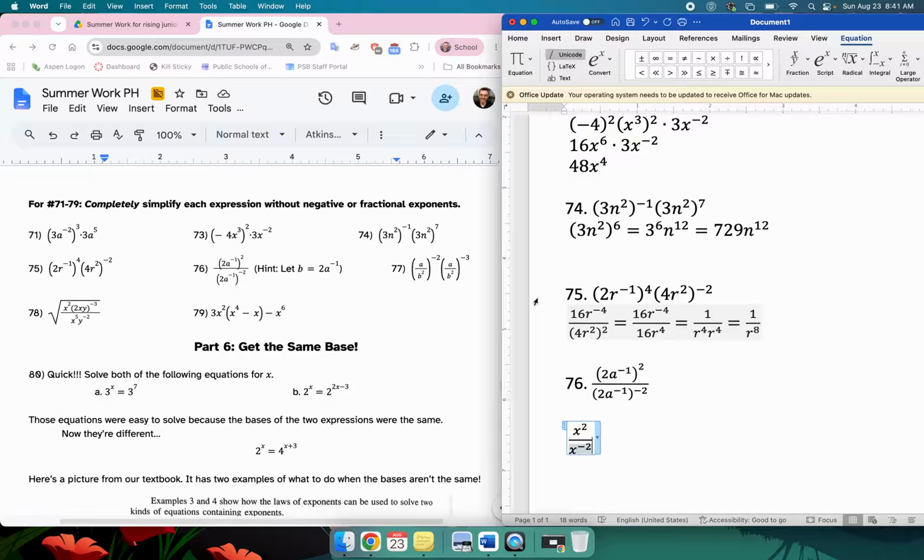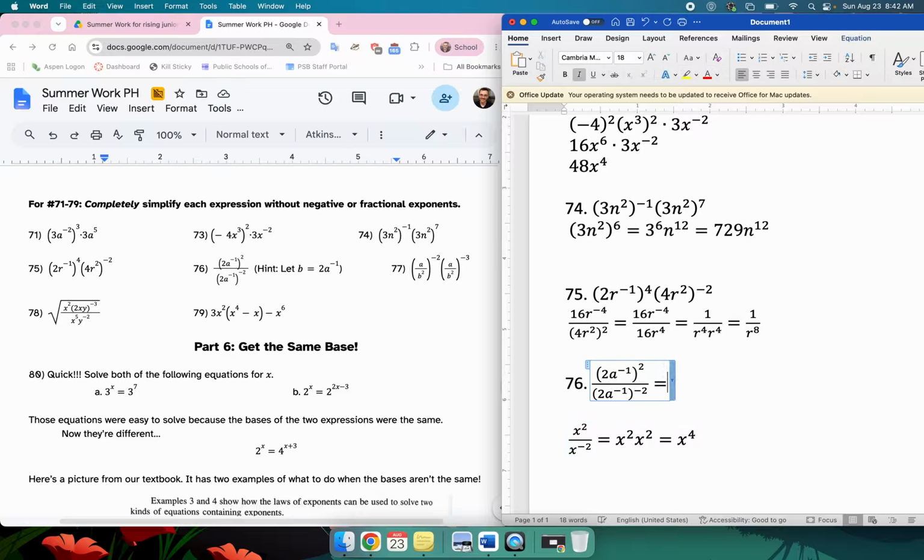It's not x, it's 2a to the negative 1. But nevertheless, it's like an object squared over that same object to the negative 2. If you had this expression, you'd just be like, well, that's x squared times, this x to the negative 2 goes upstairs, and that exponent becomes a positive 2, and you get x to the 4th. I mean, if you want, you can say, oh, there's like a 1 left in the denominator, but obviously that's not doing anything.